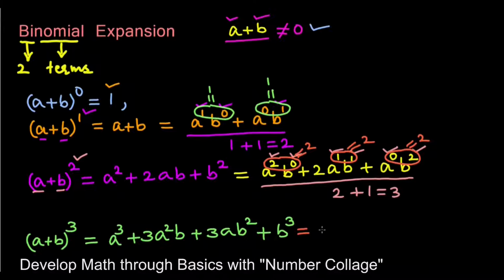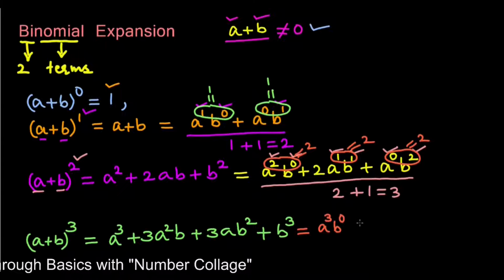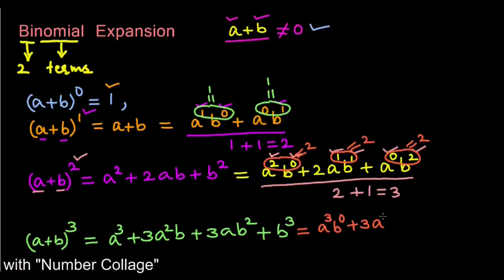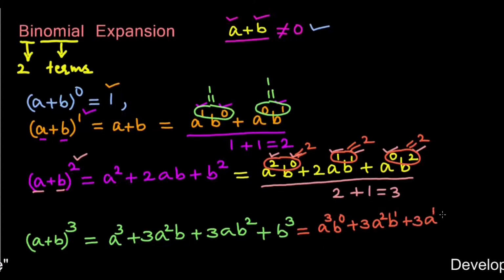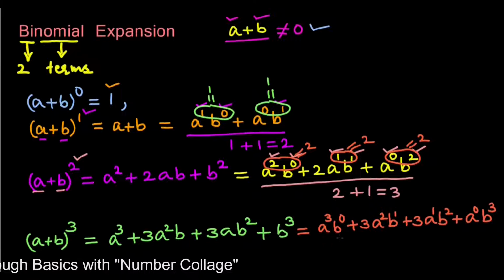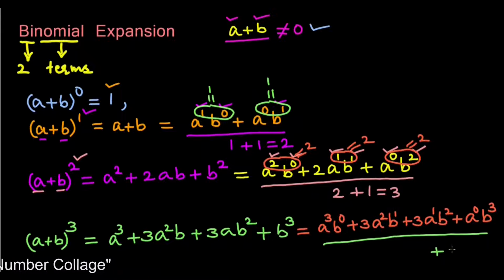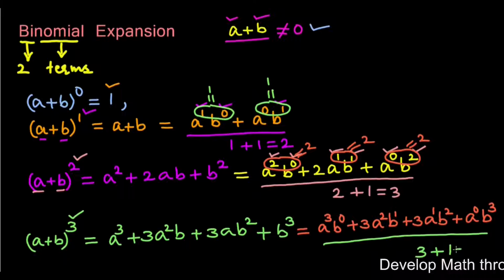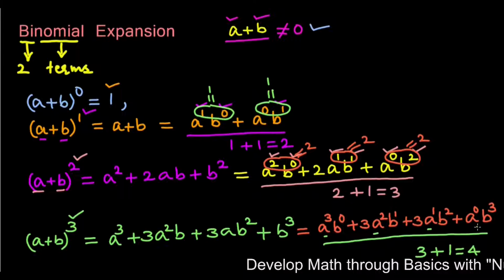We write it as a cube b raised to 0 plus 3 a squared b raised to 1 plus 3 a raised to 1 b squared plus a raised to 0 b cube. Here also we observe that the number of terms in the expansion is one more than the power of the binomial, which is 3. So the number of terms here is 4: 1, 2, 3 and 4.